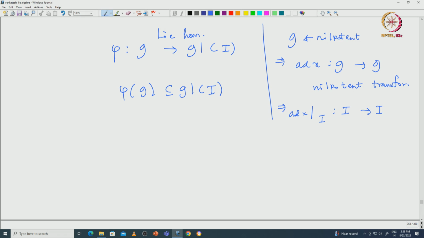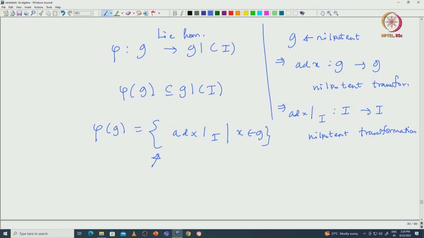So that implies ad x restricted to I is also a nilpotent transformation. So that means this phi of G consists of all these ad x restricted to I, where x is coming from G. Okay. So that means this set is, as a subset of GL of I, consisting of nilpotent transformations. So this is all nilpotent transformations.